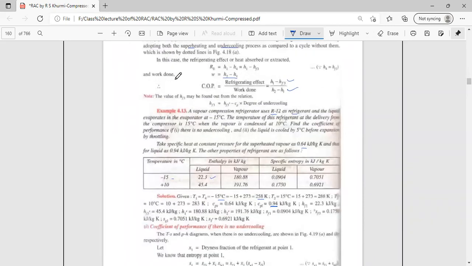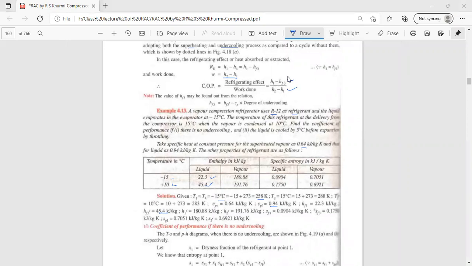So the high temperature is equal to 10 degrees, and that is given as 45.4 kJ per kg.